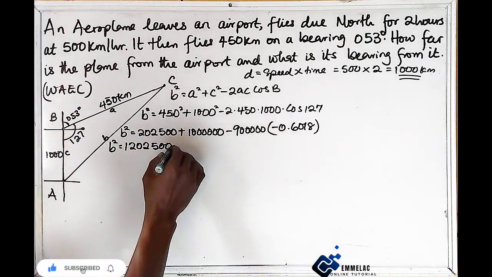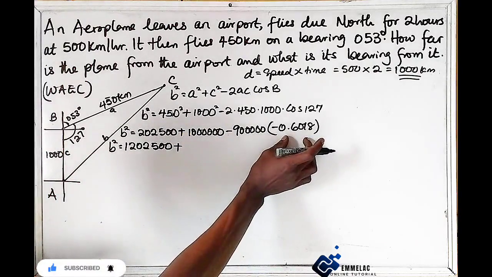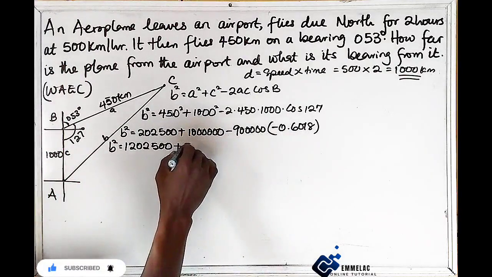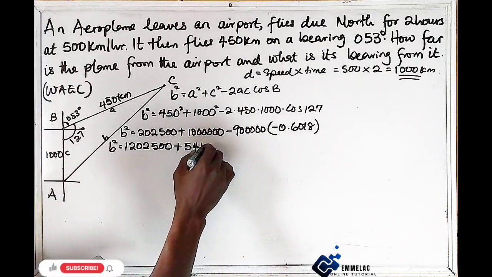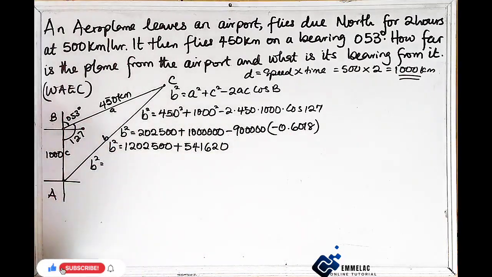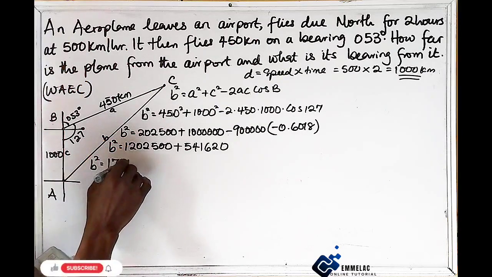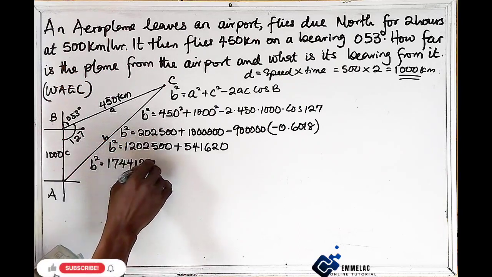Because of this negative, here you have plus, and when we multiply 900,000 and this one, we have 541,620. When we add this to 1,202,500, here we have 1,744,120.